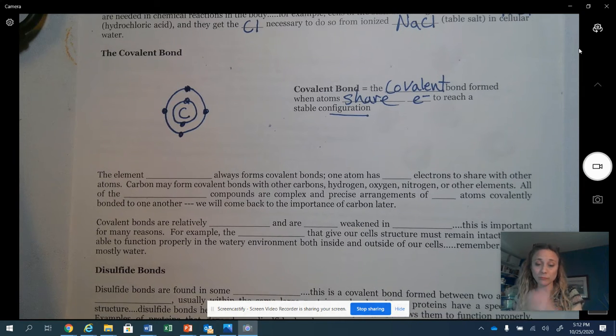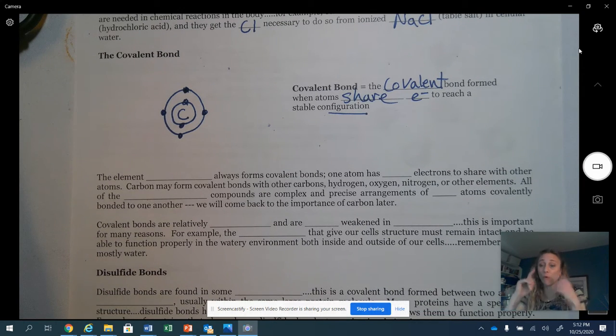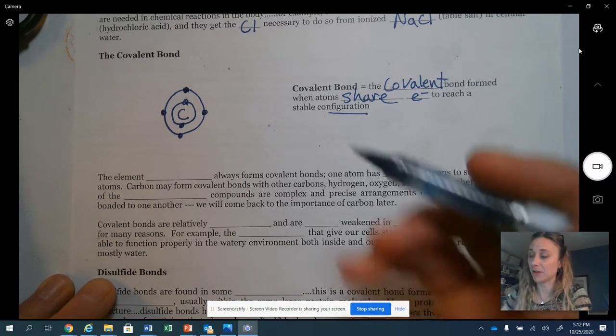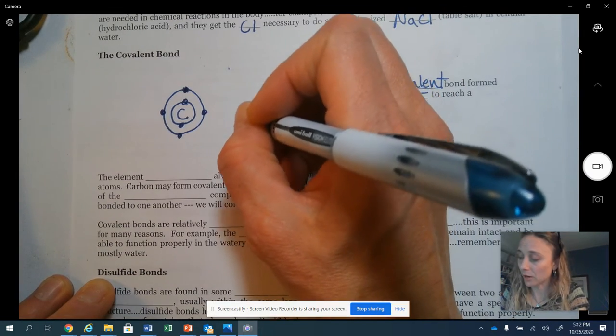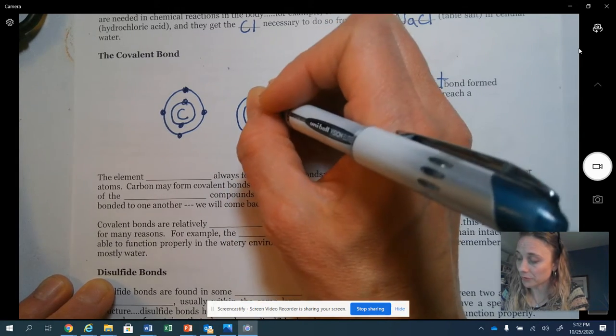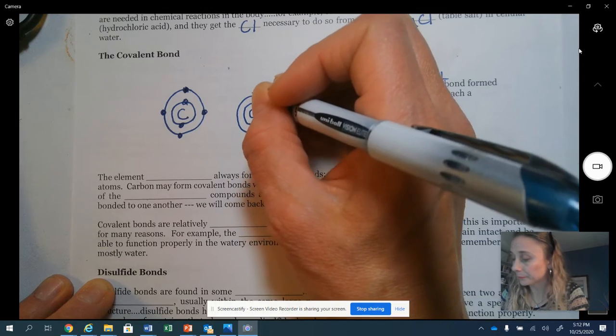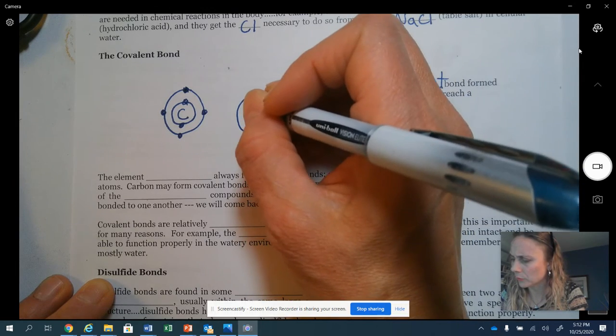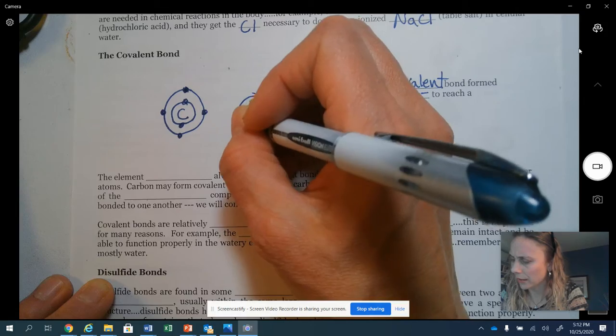We're going to talk about carbon because it has 4 different electrons, and it can share those 4, and then whatever atom it's sharing its 4 with, maybe one at a time, that atom could share with them in 4 different locations. Okay, so in this case, maybe it's not the best example here. Oxygen has 8 electrons, 2 in the first, 6 in the second. I'm going to draw it just a little bit weirdly here. Nah, it's all right.